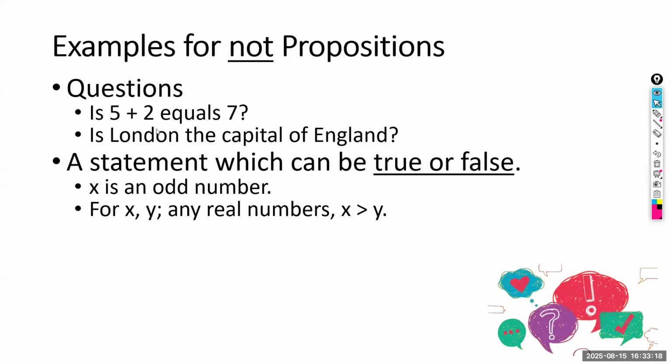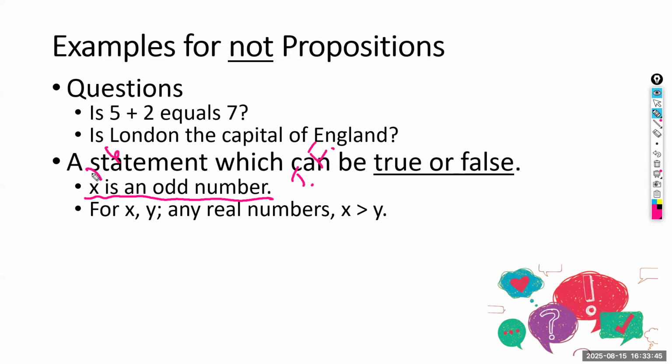And also, if a statement can be true or false depending on the situation, it is not a proposition. For example, 10 is an odd number, proposition. 9 is an odd number, proposition. But x is an odd number is not a proposition because we don't know what x is. If x is 5, this is true. If x is 6, this is false. So it can be true, it can be false.